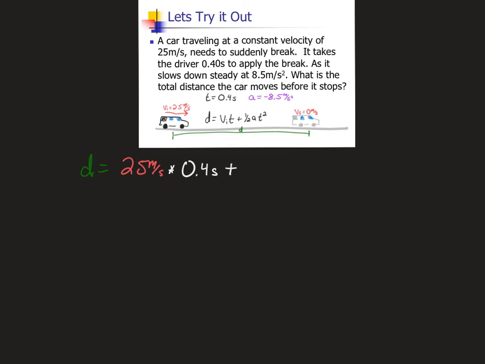plus 1/2 a, which is technically a negative 8.5 meters per second squared, times time squared.